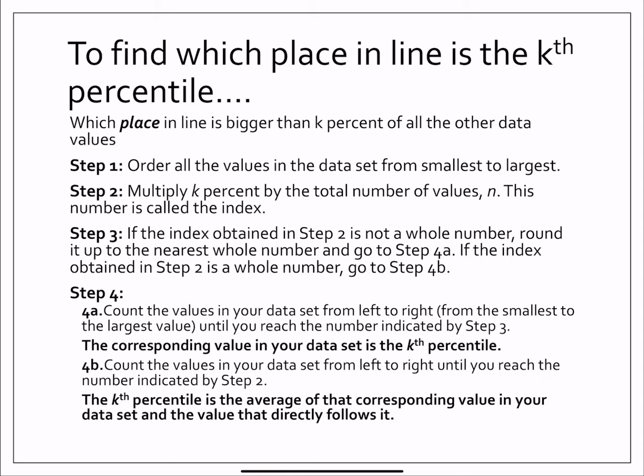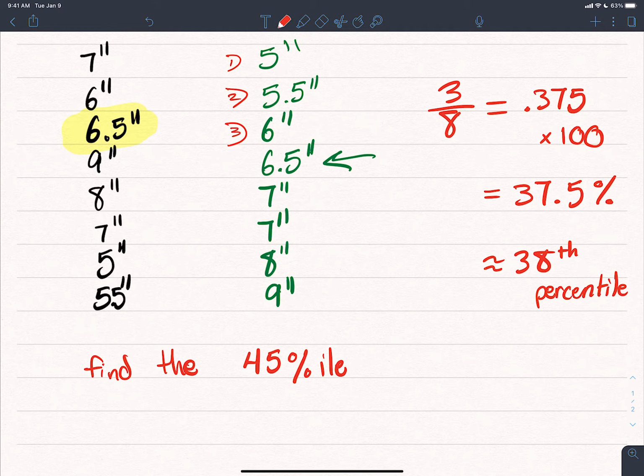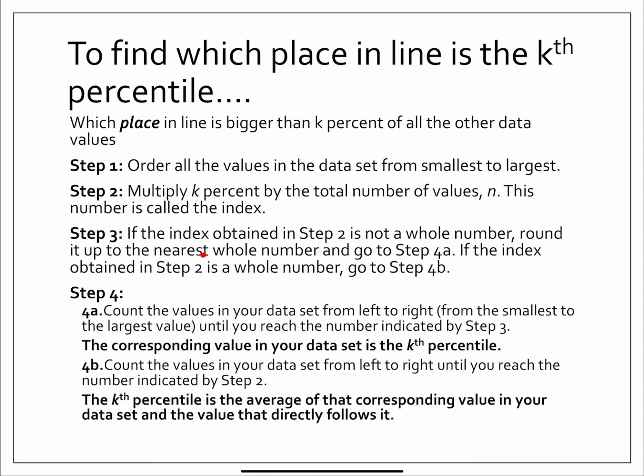Step 1, right, is to order all of the values in the data set from smallest to largest. We did that. They're already in order. That's the green line here. Step 2 is to multiply k% by the total number of values in the data set. This number is called the index.